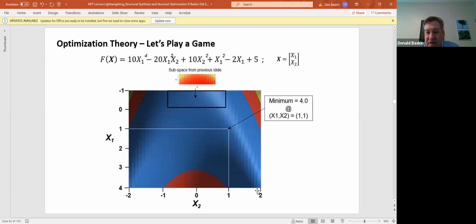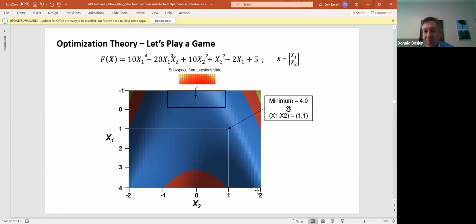This is a subset, obviously, of a bigger domain, a bigger design space for X1 and X2. If you look at a bigger area of this, you have negative 1 to 4 for X1, and negative 2 to 2 for X2. And this is a bigger domain.